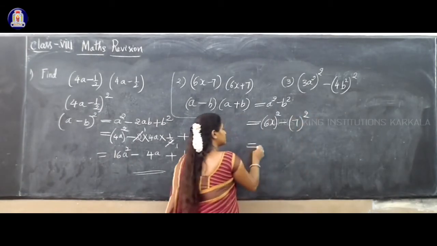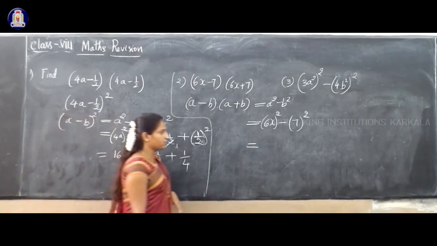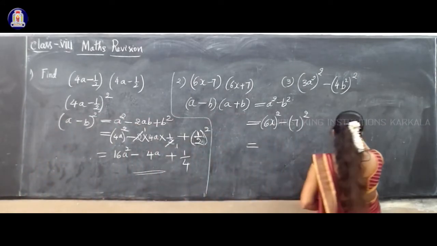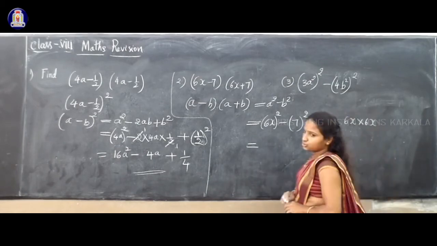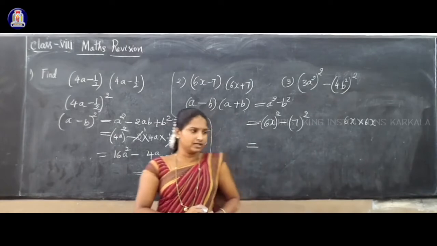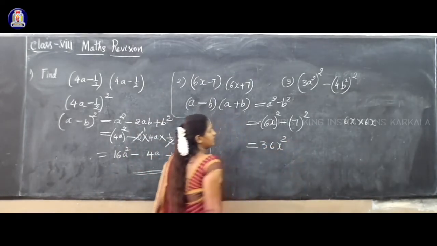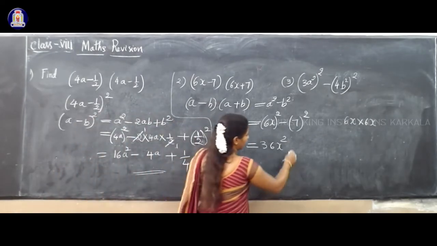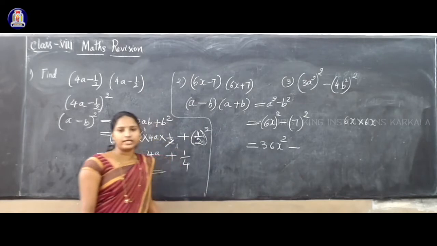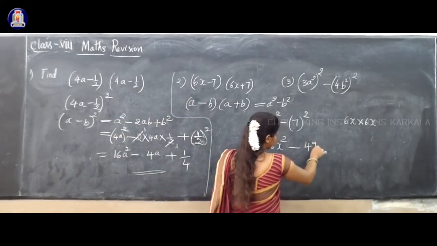Now if you simplify (6x) the whole square, it means you multiply 6x into 6x. So we get 6 6s are 36, and x into x is x square. Clear? 6 6s are 36 and x into x is x square, minus 7 square. 7 square is 49, isn't it? 7 7s are 49.